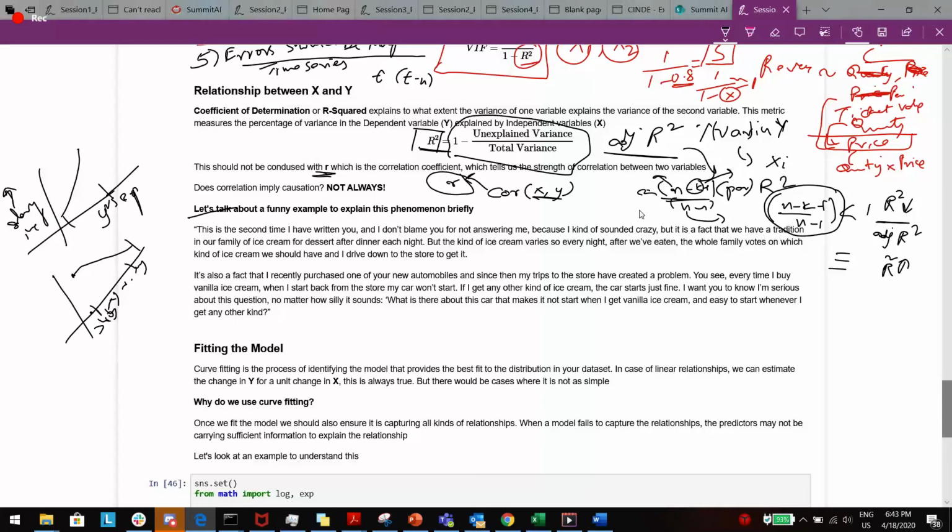Every time he picks up vanilla ice cream, his car refuses to start, and if he picks up some other flavor, it always starts. He tried different flavors, but whenever he picked up vanilla ice cream, the car never started. This seems funny to everyone, but if the same experience happened to us, it might push us into doubts as well. We would become more superstitious when purchasing vanilla ice cream.